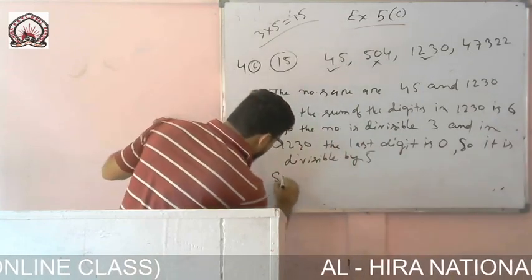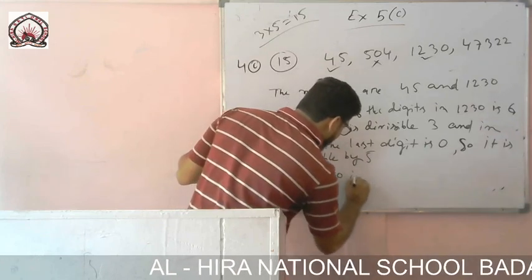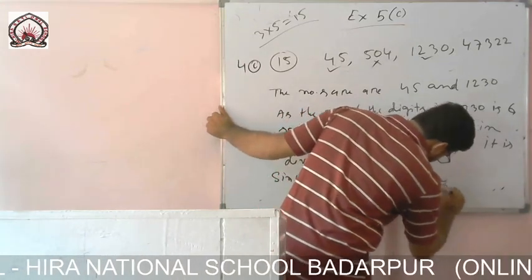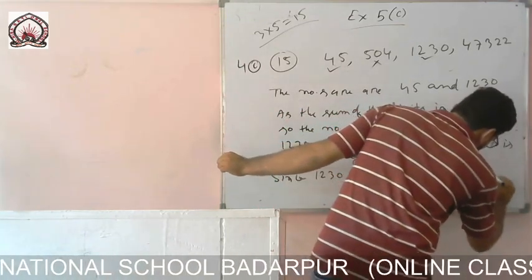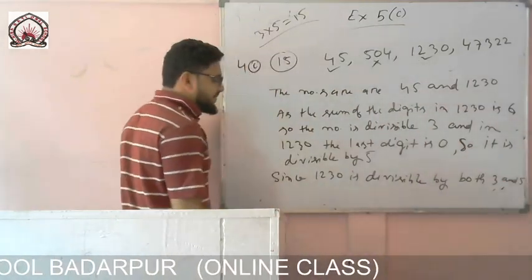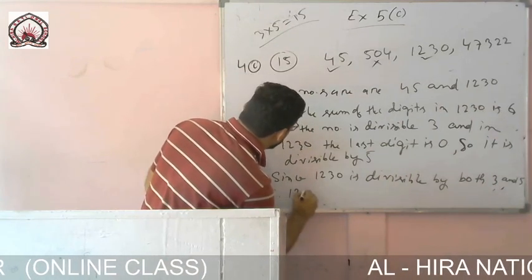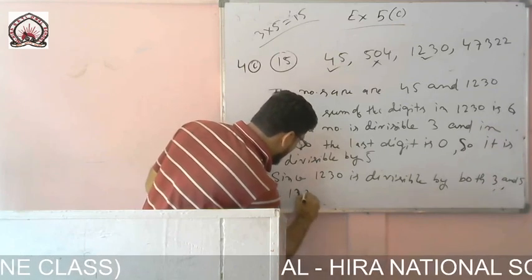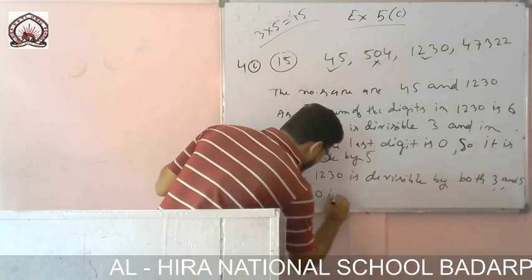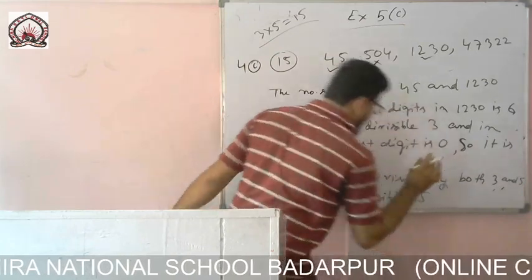Now write, since 1, 2, 3, 0 is divisible by both 3 and 5, therefore 1, 2, 3, 0 is divisible by 15. Okay.